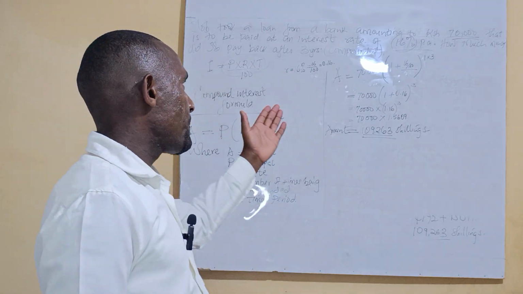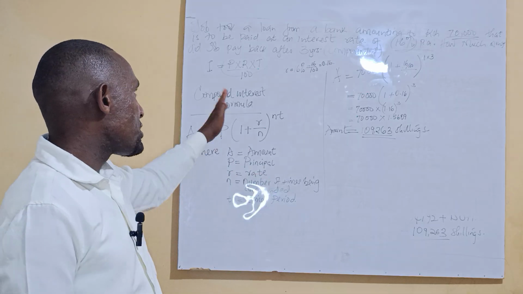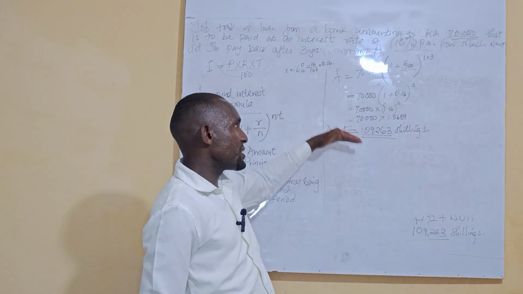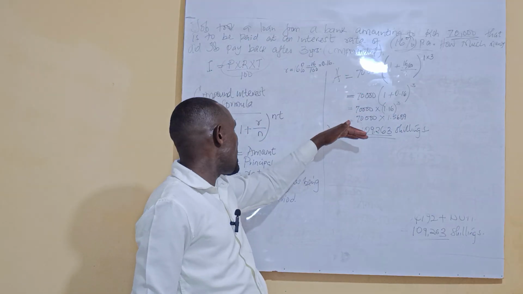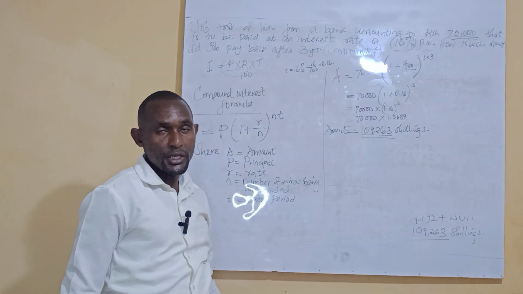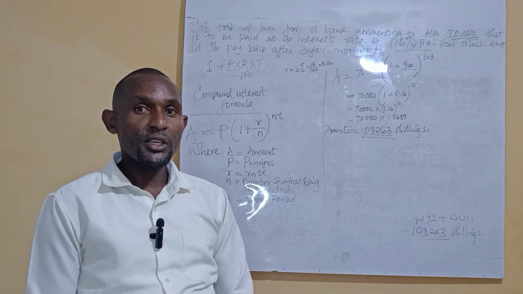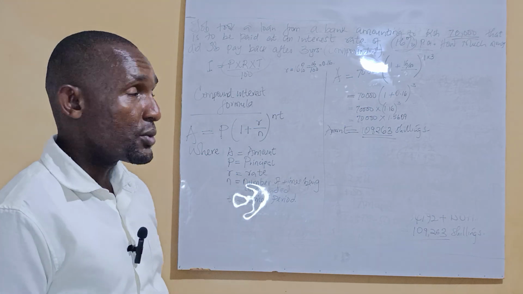So that is a simpler method as compared to what we had done here. You can also look at the space that we have used. It is not as big as the space we used from here up to down here. So this one is simpler, it is going to save your time, and it is also going to save the space that you are going to have.